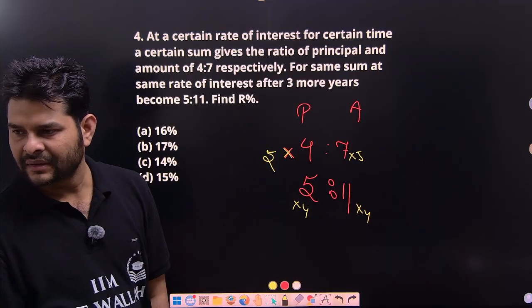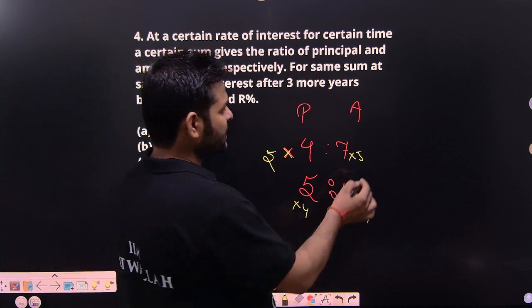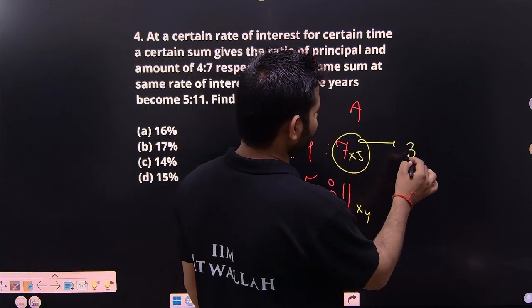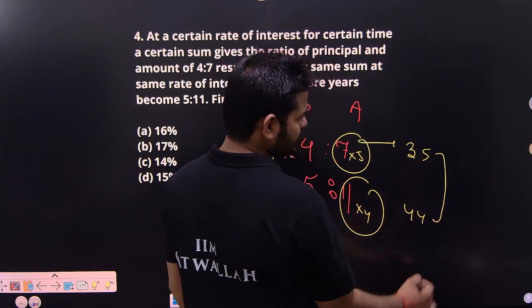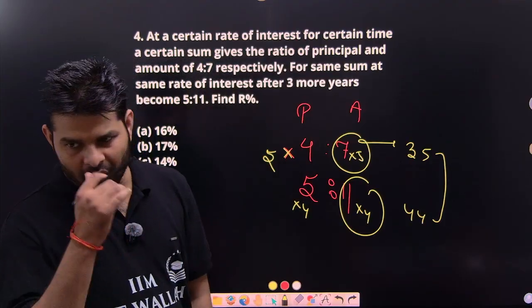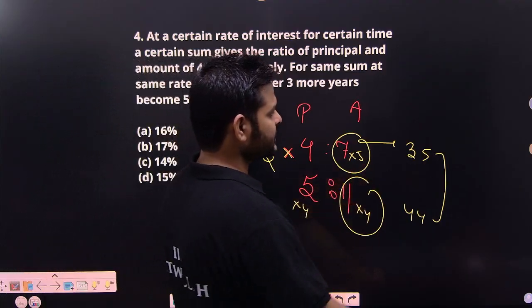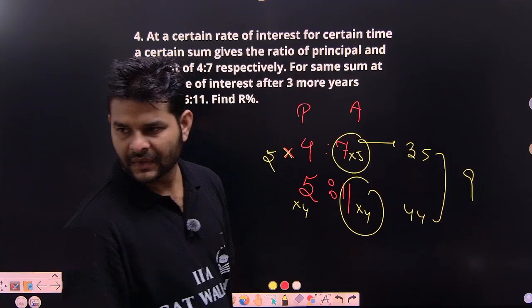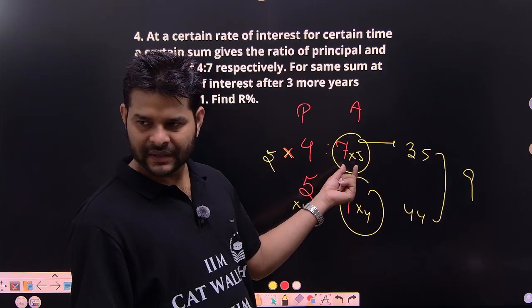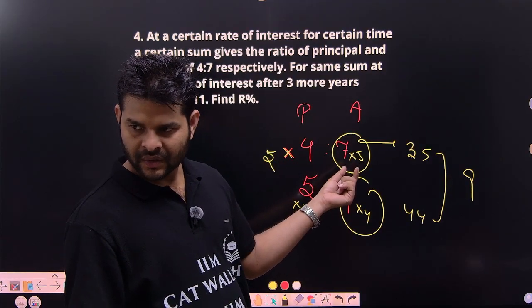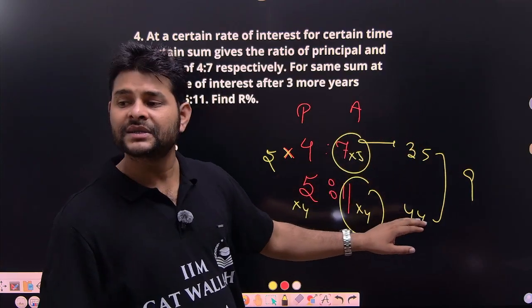What's changing? Amount is changing. Basically, interest is changing. So in the first condition the amount is 35, and in the second condition the amount is 44. That change has been observed in 3 years. So 3 years SI is 9. Guys, in this, 20 is the principal. That is the amount after a certain period of time, and that is the amount after the next 3 years.